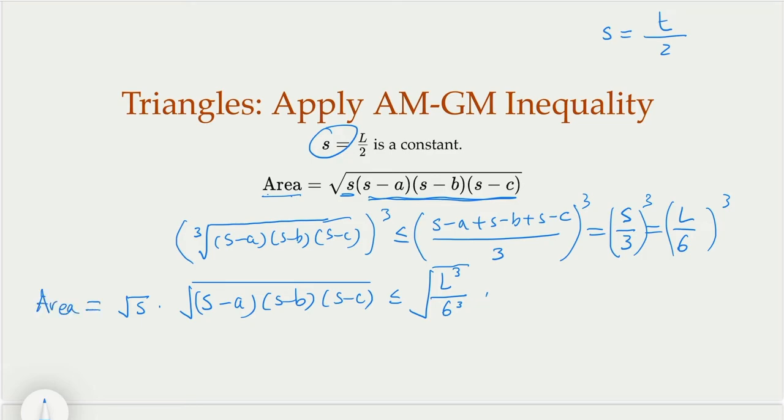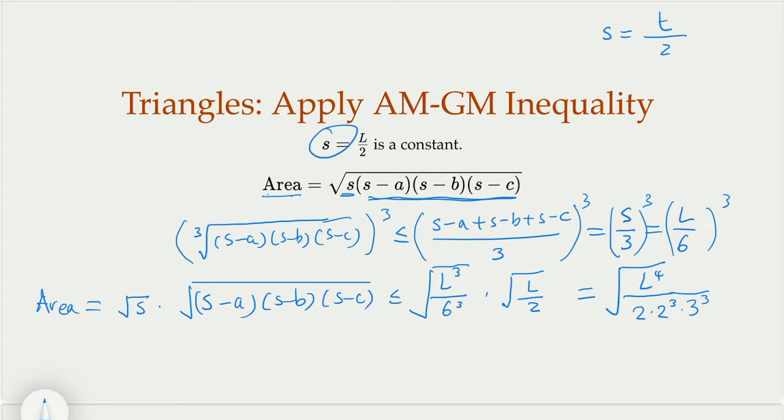Times the square root of S, what is S? S is L divided by 2. So what you get is the square root of L to the first power over 2 times 6 to the third power, which is 2 to the third power times 3 to the third power.